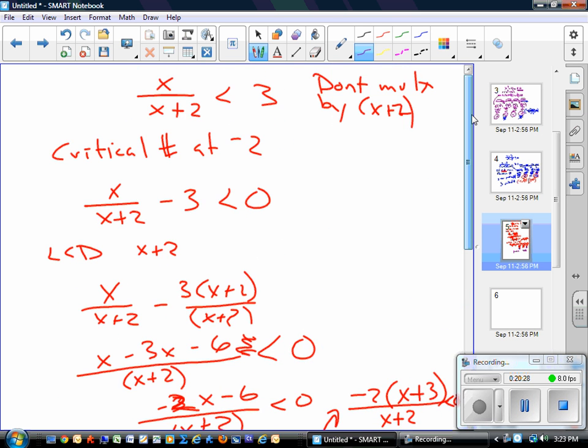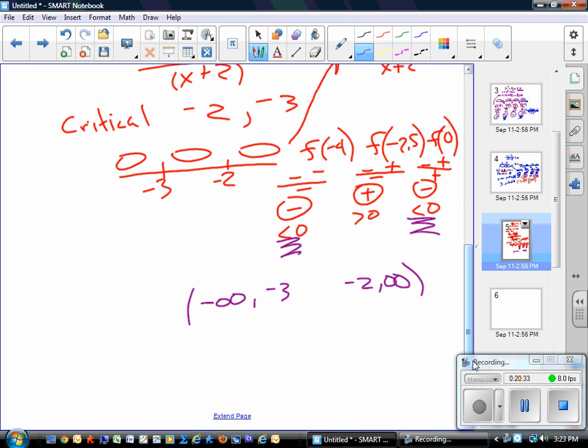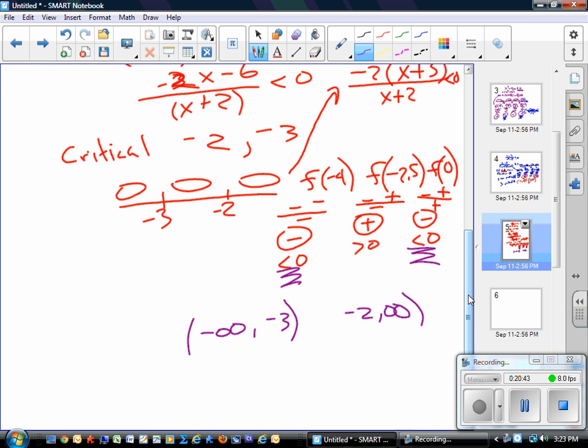My original equation says it's strictly less than. So, since it can't equal, we don't include the negative 3. I know the value of negative 2, as can be seen in this fraction here, will lead us to having an undefined fraction. So that cannot be included either. I need to see every value in those two intervals represented, so I union that together.